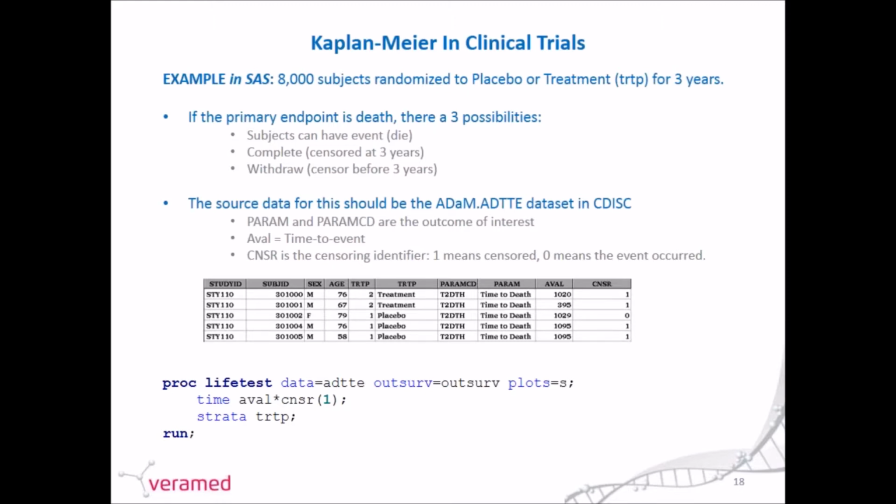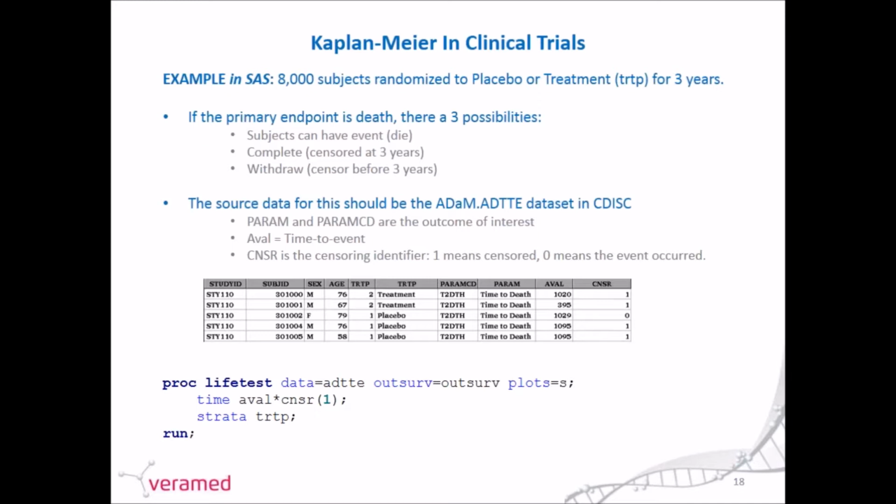AVAL would contain the number of days until the event occurred. And the CNSR says whether or not censoring occurred or the event occurred. So in this example, 0 would mean the event occurred and 1 would be censoring. You can also have larger numbers. You have 2, 3 would be different types of censoring from the right censoring that we used.